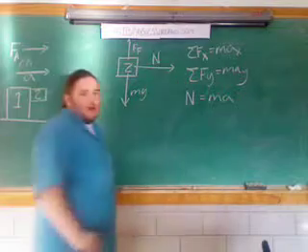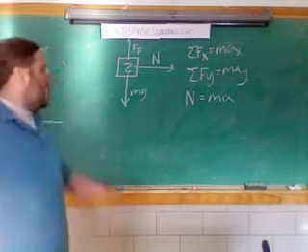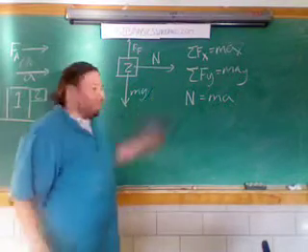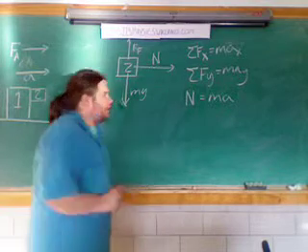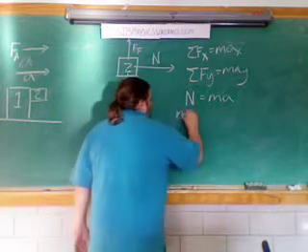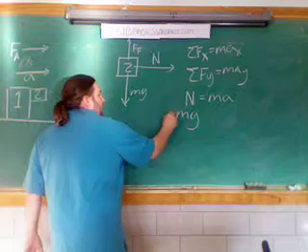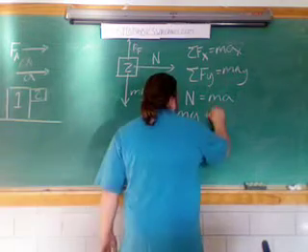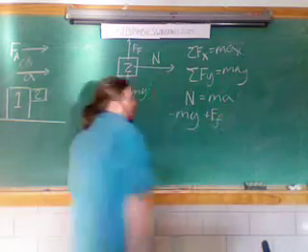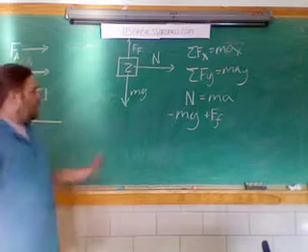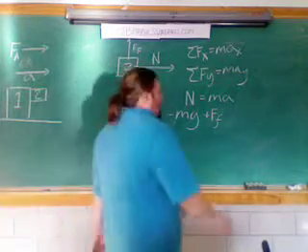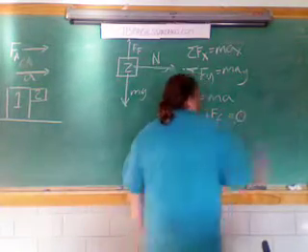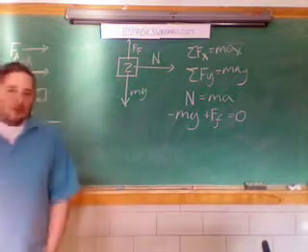In the y direction, I have the weight, which is negative, and friction, which is positive. Okay? Now, there's no motion between those two. So there's no acceleration between those two, so ma is going to end up being equal to 0.